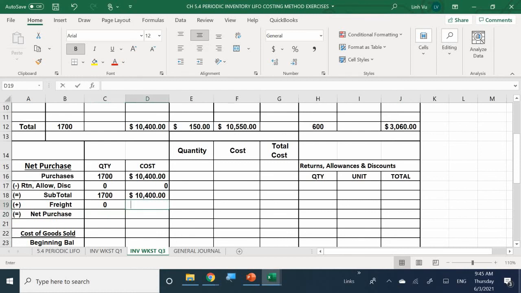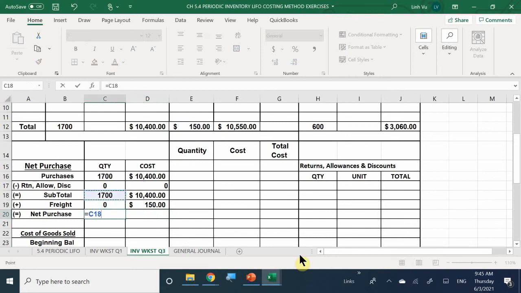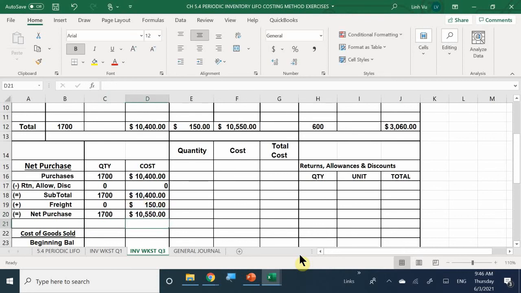What about my freight? What was the total cost of my freight? 150. Of course that increases your total cost. So my quantity is the same, but in this case my total cost is 10,550.